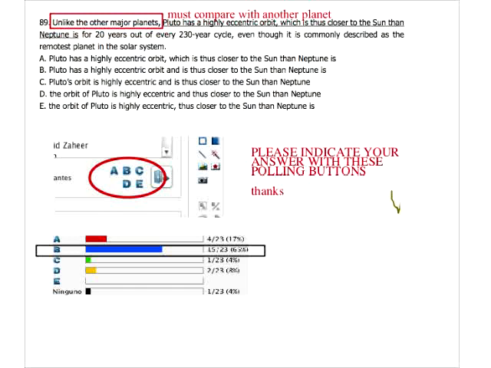But okay, so based on the comparison, we can eliminate the ones that are not Pluto. Pluto's orbit is not Pluto, the orbit of Pluto is not Pluto. So these three are incorrect. These two are actually Pluto. Pluto is unlike the other major planets. So that leaves you with A and B.